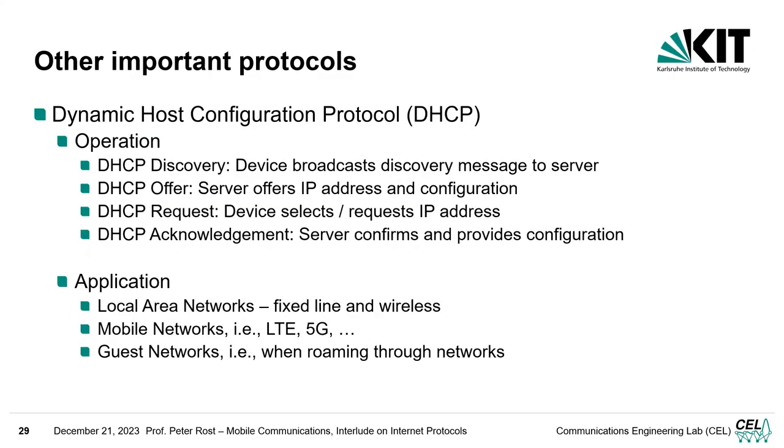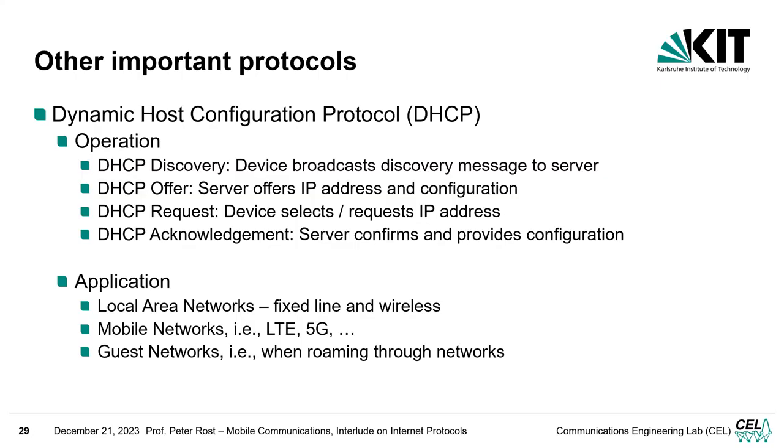DHCP is the dynamic host configuration protocol that probably many of you are using. What it's used for first is discovery. That means your device broadcasts a discovery message to a server, before it has an IP address. So this is again a layer 3 protocol.